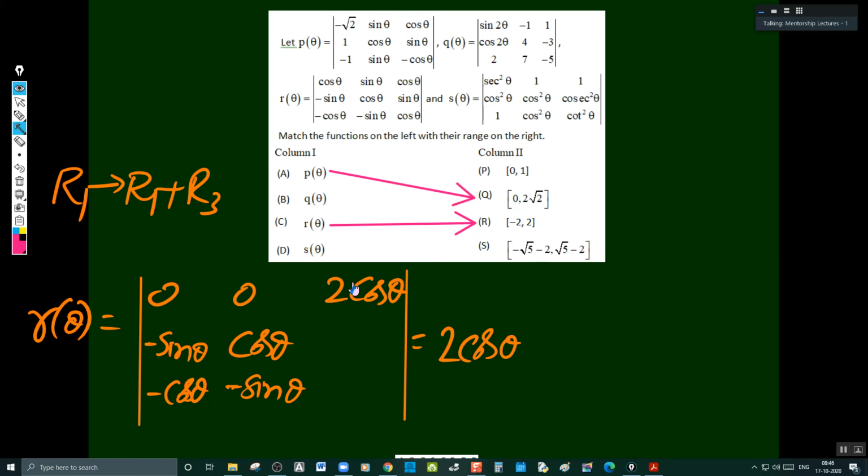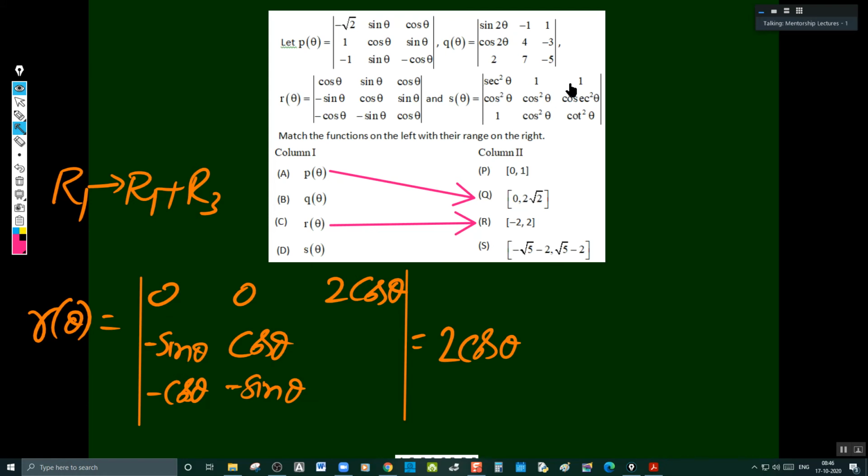Similarly, you can find out Q of theta and S of theta. If you say okay, you can leave it. Should I leave this? Yes, sir. And you can make zeros here also. In this case, you can add these two and make 0, 1, 0, and you can find out the determinant.